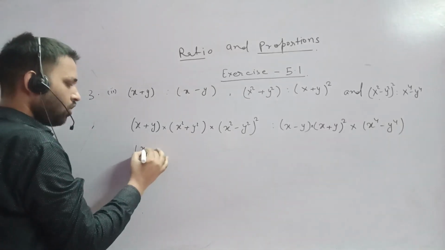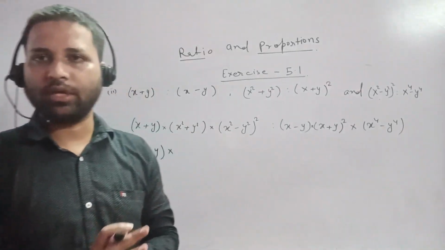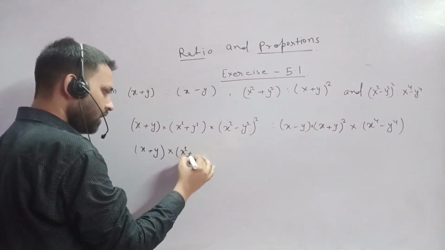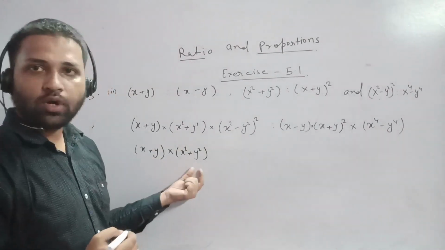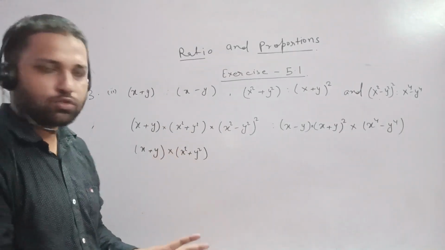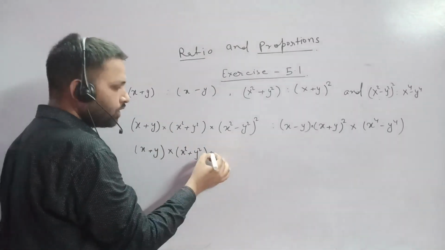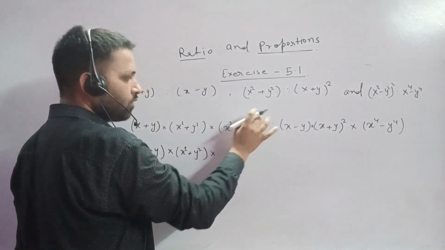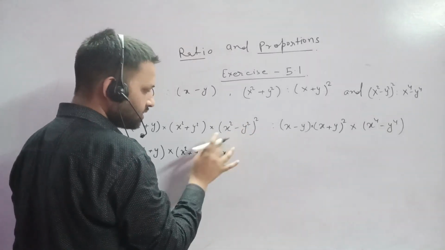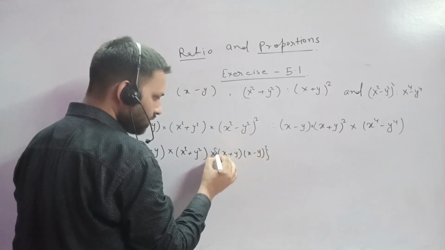Now see, x plus y does not break. We try to break everything into factors. x square plus y square has no factors; we can convert it using a formula but not into pure factors, so we leave it. Now x square minus y square whole square: we convert x square minus y square as x plus y into x minus y, whole square.